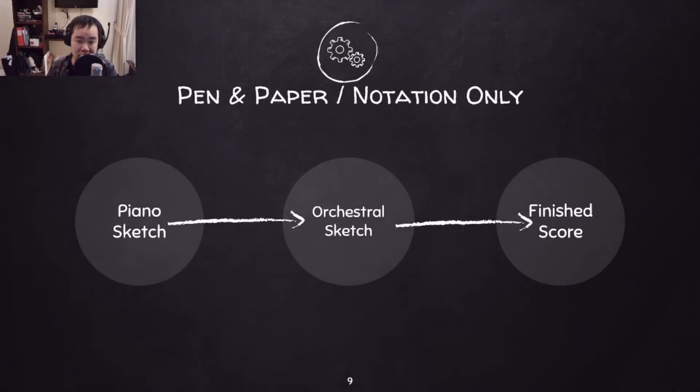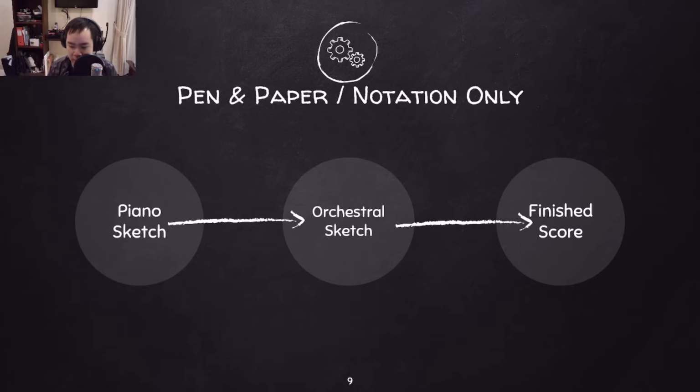You have a piano sketch typically, because at least nowadays it's a bit easier with notation software. You can just write it down and you can have this live feedback. However, back in the day when you only had pen and paper, and I believe a lot of pen and paper composers are like this simply because of the limitations of having zero software and having to do everything analog, you can't have this live feedback.